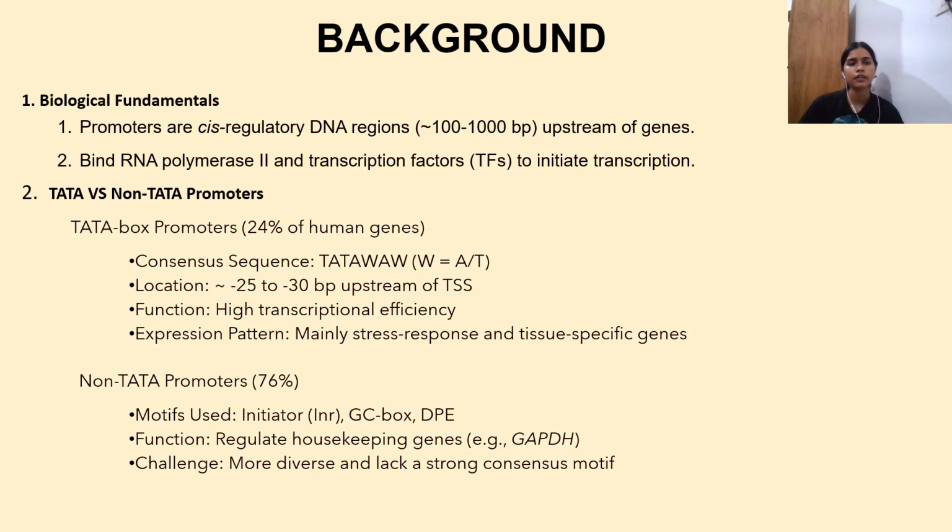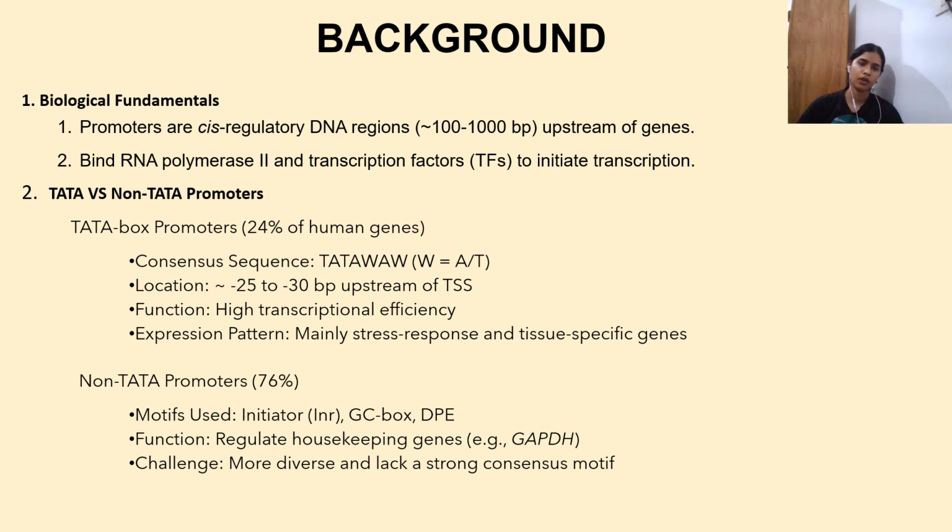Promoters are short DNA sequences located upstream of genes. They help start transcription by binding RNA polymerase and transcription factors. TATA box promoters make up around 24% of human genes and have a clear TATA sequence.